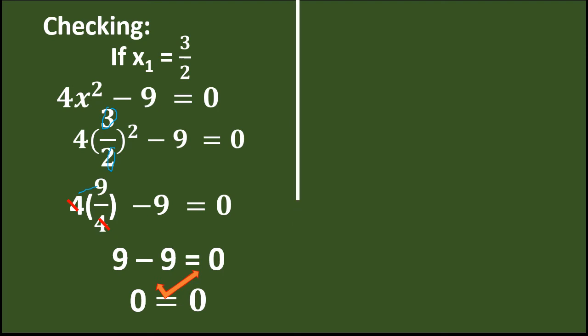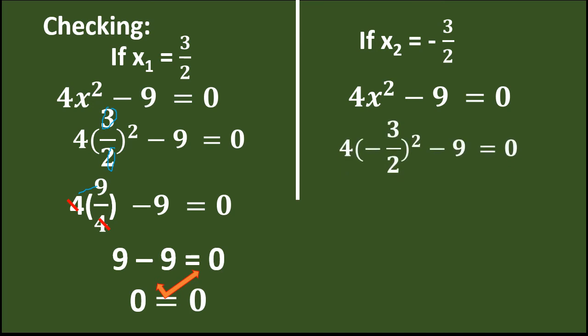What about the other one? If we have negative 3 halves, same process. All you have to do is substitute negative 3 halves for x. Our equation will become 4 times the quantity negative 3 halves, quantity squared, minus 9 equals 0. Again, what is the square of 3? 9. What is the square of 2?